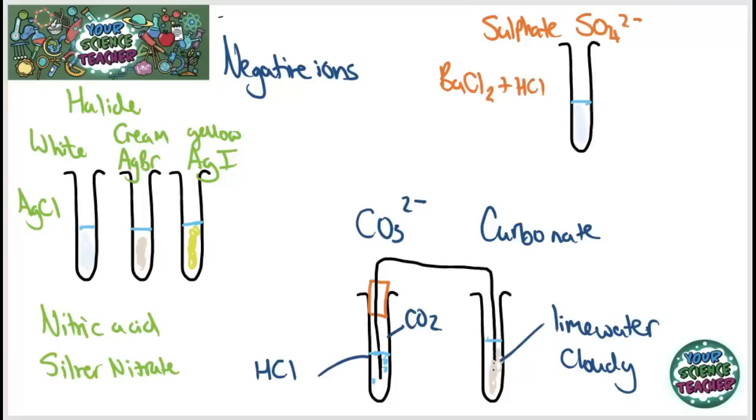Now, sometimes they do try and fool you and they say, why can you not use sulfuric acid? And you've just got to know that sulfuric acid already contains that SO4 2- ion, which will create this white precipitate here. And this white precipitate is barium sulfate. Now, that's what this reaction produces when you have a compound that contains a sulfate ion.